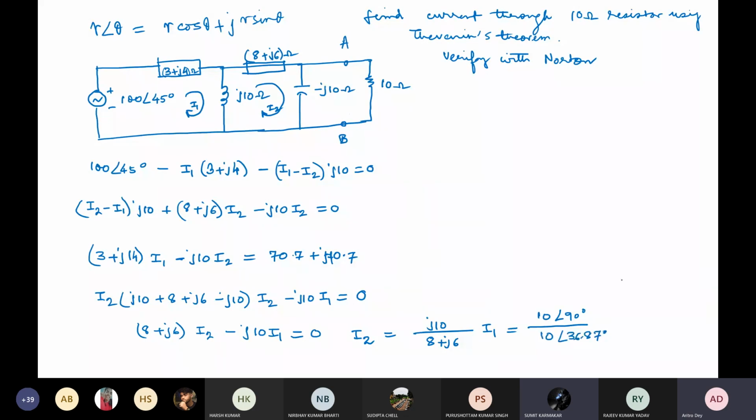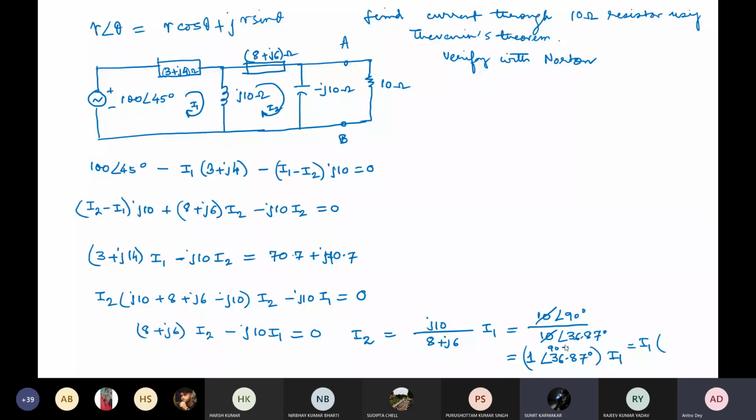So this 10 and 10 will cancel out, and we are left with 1 into angle 36.87. So whatever be the value of I1, on top of that you have to put this angle. So it's supposed to be I1 into, okay, it's my mistake. It's not 36.87, it's 90 minus that.